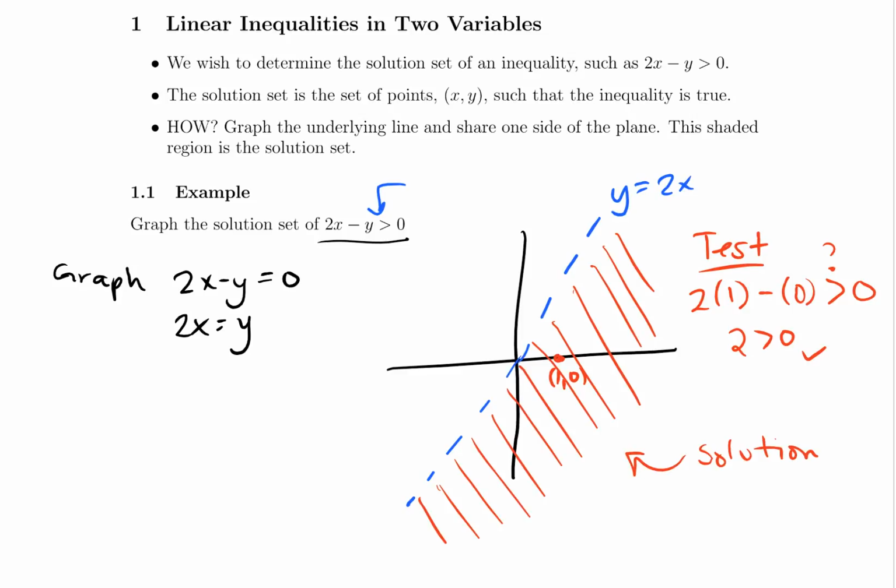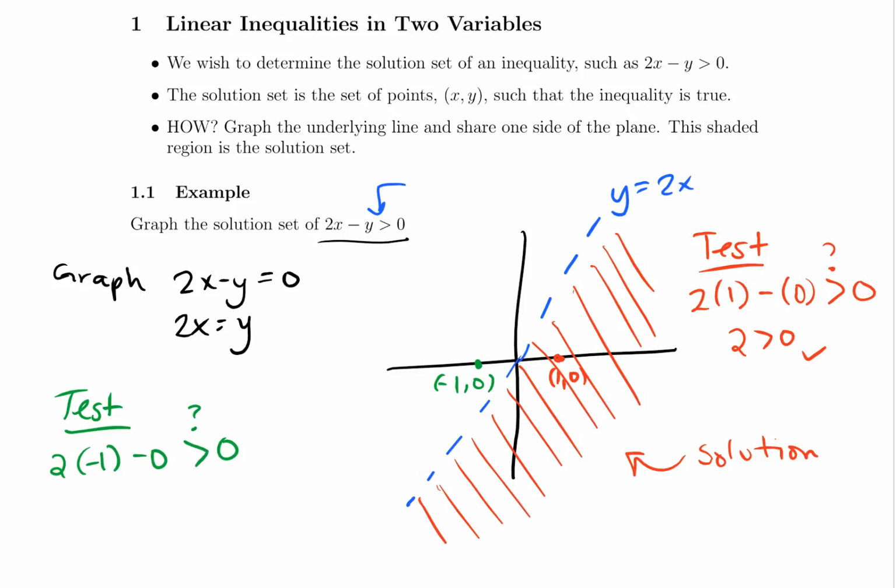Okay, so it's pretty simple to solve a linear inequality. You first want to graph the line, and then you test a point on either side. Now, just to show what would have happened if we had tested a point that was not in the solution, let's try (-1, 0). If I had tested (-1, 0), we would have 2 times -1 minus 0.